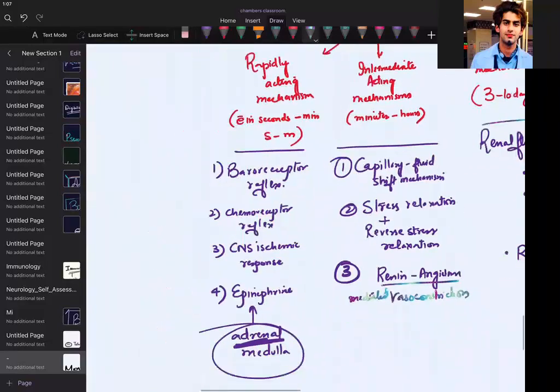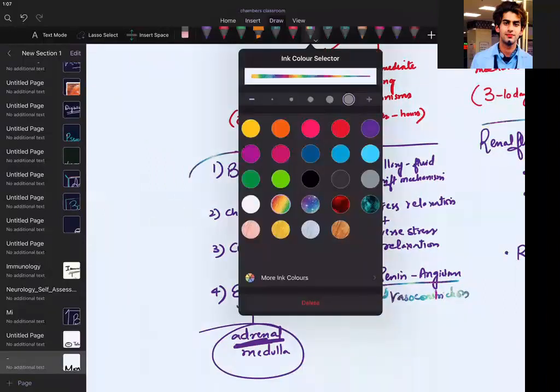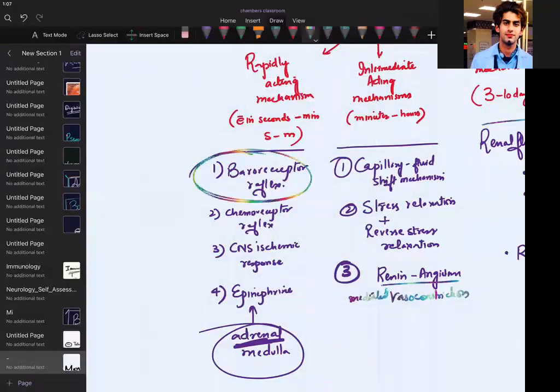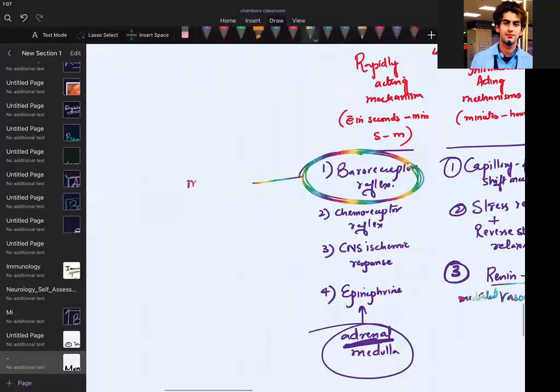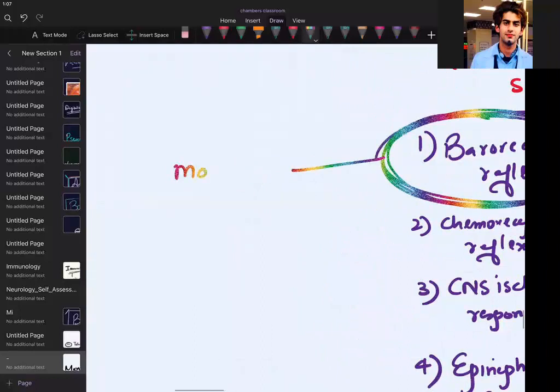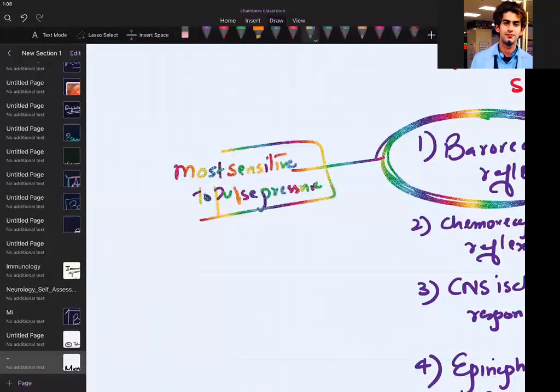This baroreceptor is most sensitive to pulse pressure.